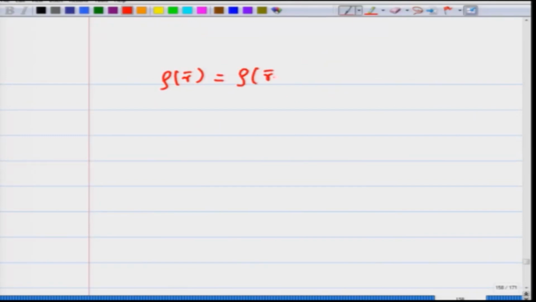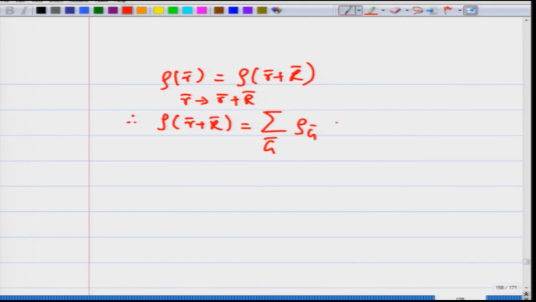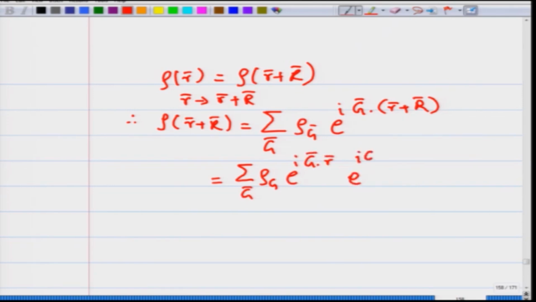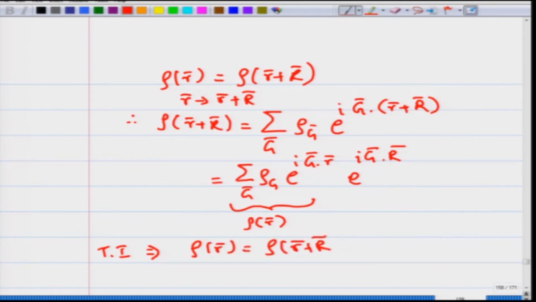Rho of r should be equal to rho of r plus capital R. So, therefore, if I take r going to r plus capital R, then my density at r plus capital R becomes summation over G of rho G e raised to i G bar dot r bar into e raised to i G bar dot capital R. This is nothing else but rho of r, and translational invariance implies rho of r should be equal to rho of r plus capital R. Therefore, e raised to i G bar dot R bar should be equal to 1.